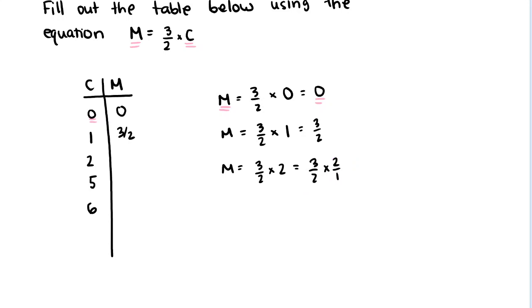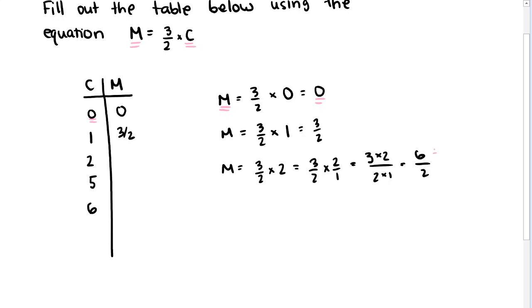Okay, and so now we can apply our idea of fraction multiplication. We can multiply numerator to numerator, denominator to denominator. We get 3 times 2 over 2 times 1, which is equal to 6 over 2. And then we can reduce this fraction, right? Fractions can be reduced by dividing out the same number from the top and the bottom.